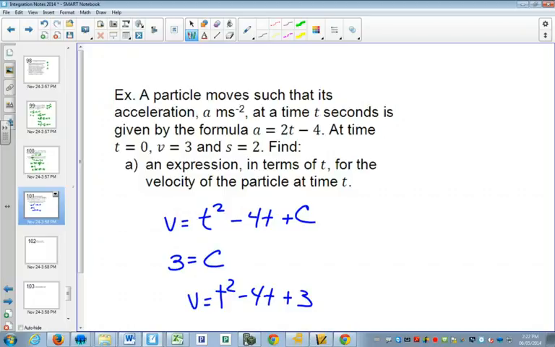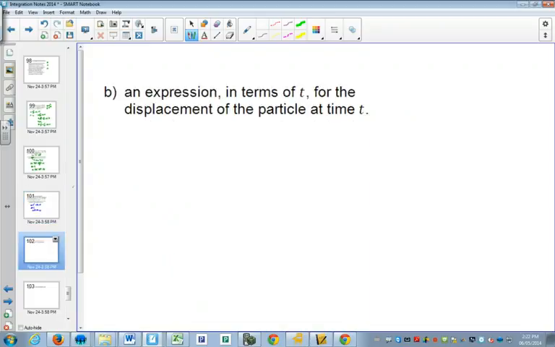Okay. And part B, displacement then would be the integral again, so we'll get, is it t squared over 2 or just t squared minus 4t? Trying to memorize it. Plus 3.